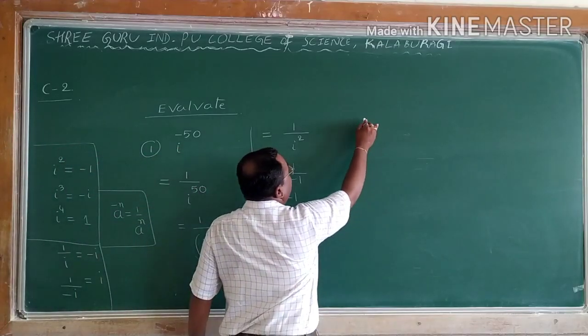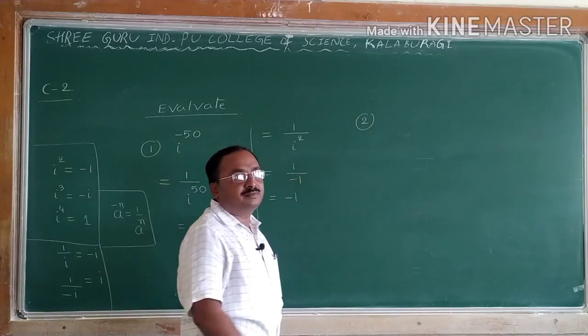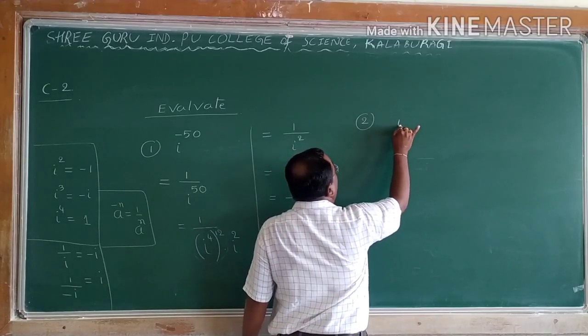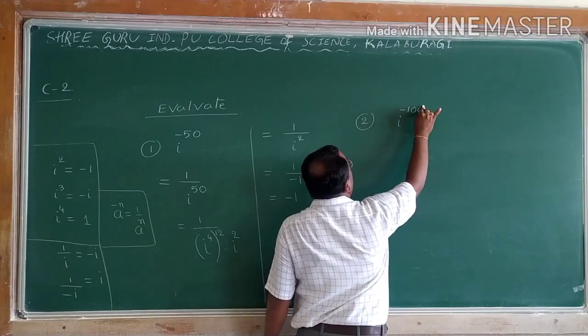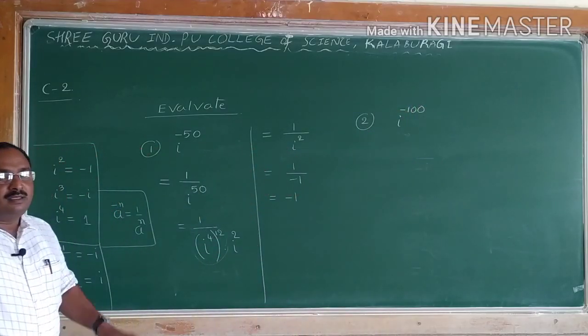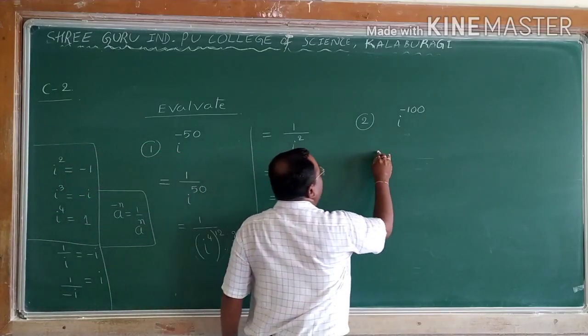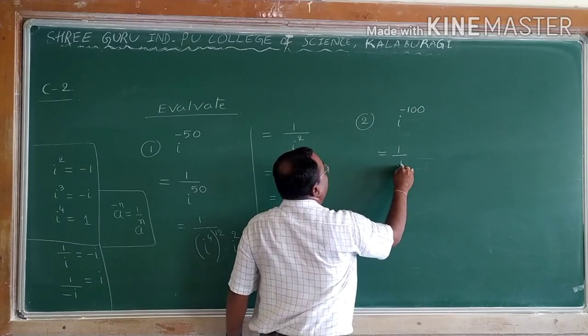Next, example number 2. That is i power minus 100. Negative integer is there, make it positive integer. 1 by i power plus 100.